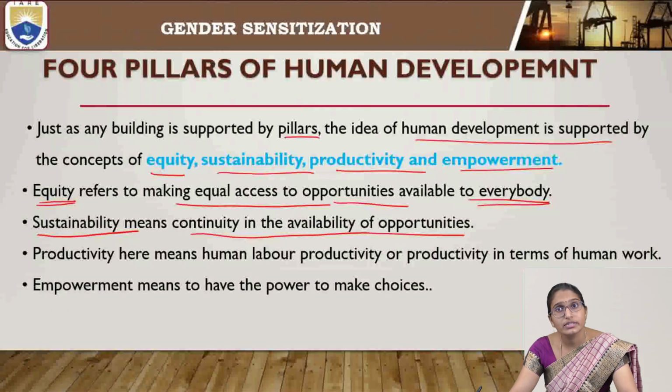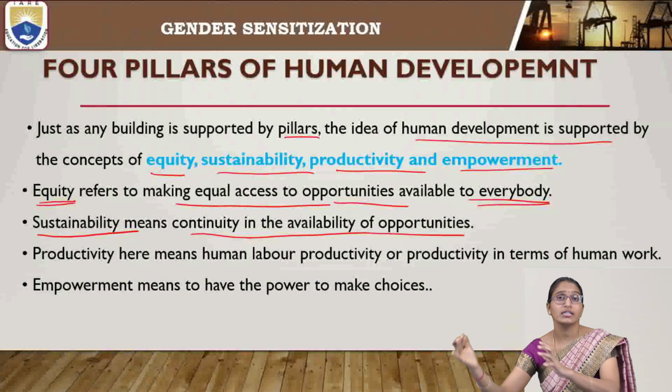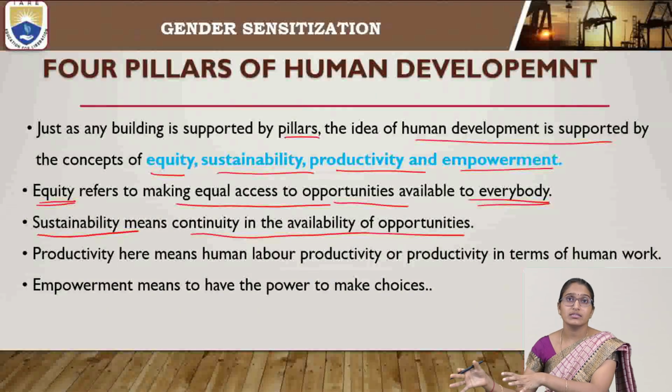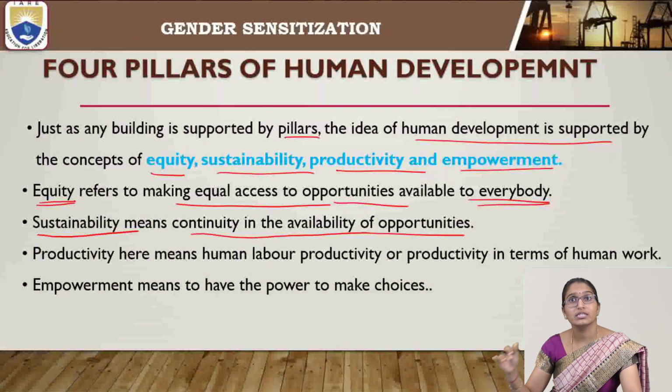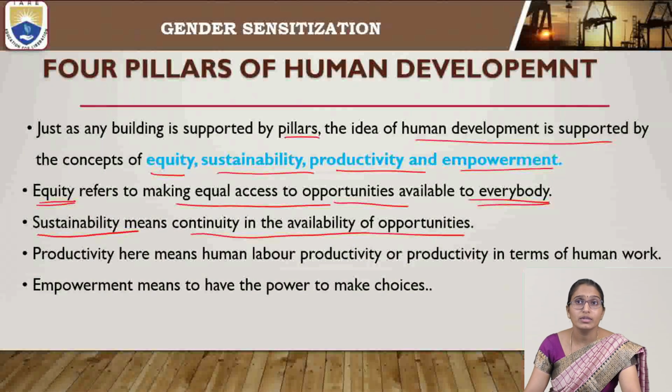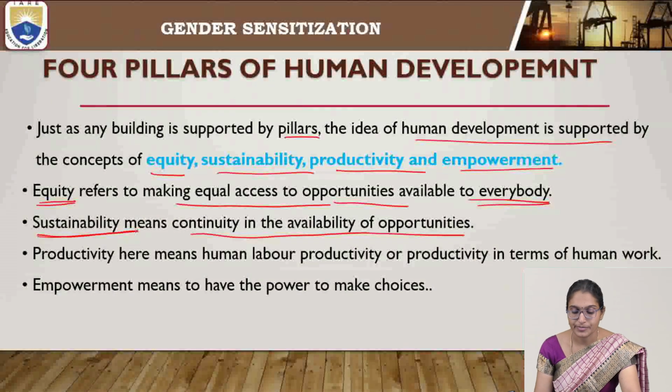Opportunities or resources should be there continuously. It is not that they are there just for namesake and then after a few days all disappear. They should continue and sustain over a period of time.